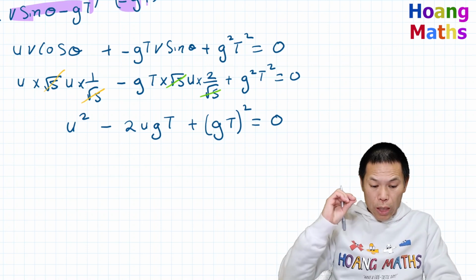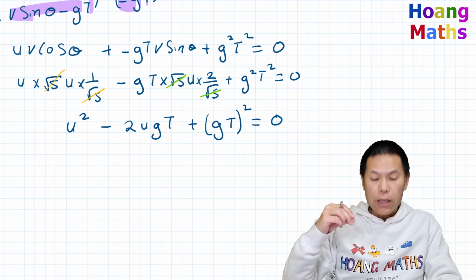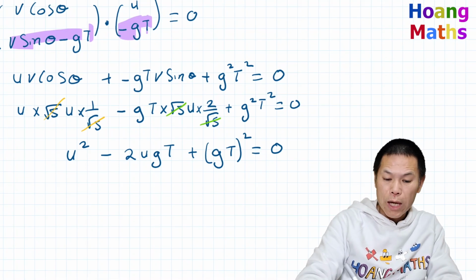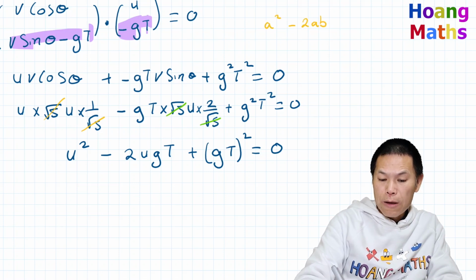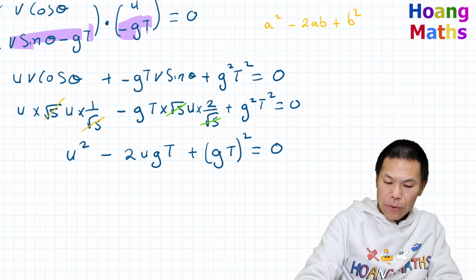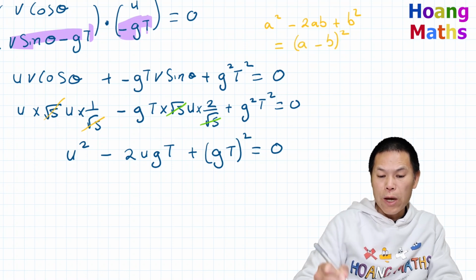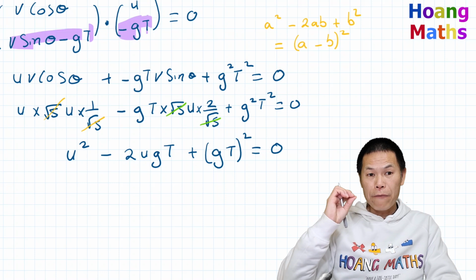So what we do, if you recognize this is a perfect square. Now, don't forget, we have this perfect square: a squared minus 2ab plus b squared is equal to a minus b all squared. Okay, so this is a perfect square.